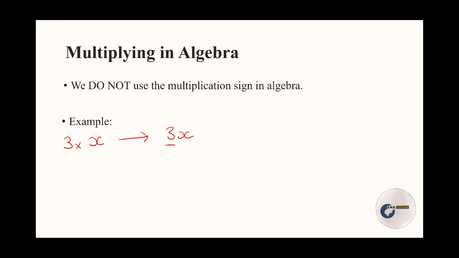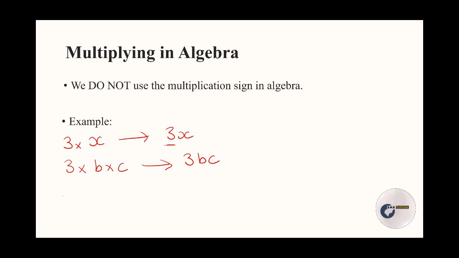Now it's important to remember that numbers always come first and the algebraic letters always come next. So another example might be 3 multiplied by b multiplied by c. So again, we would write this as 3bc, and it means the same thing.